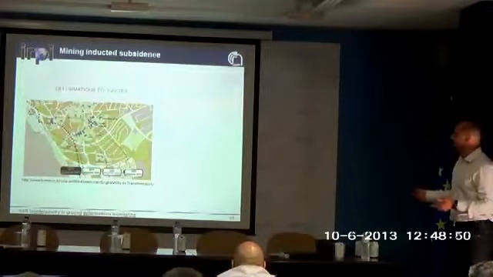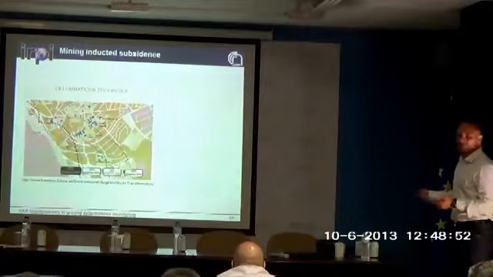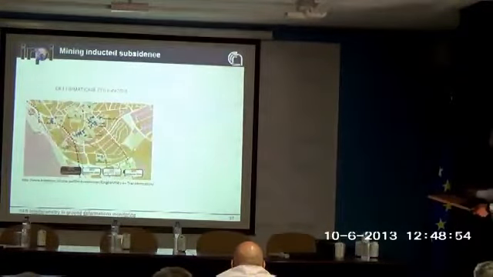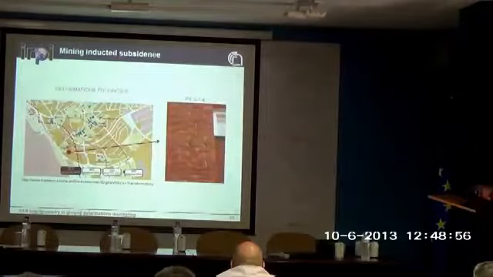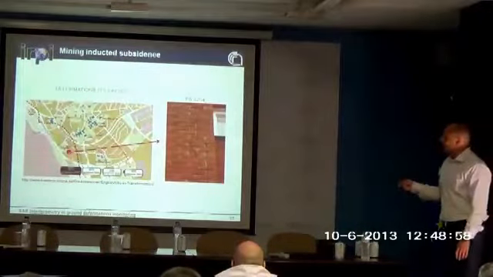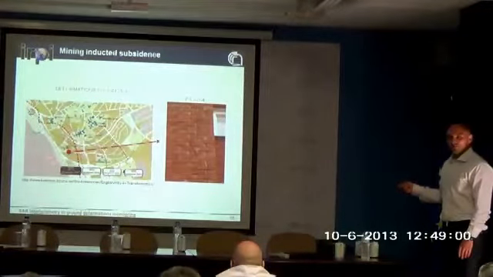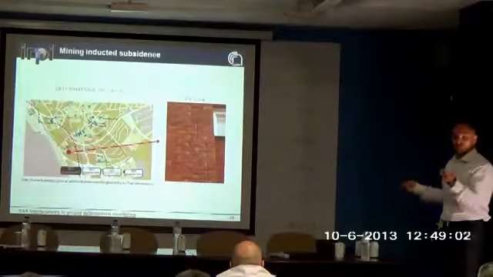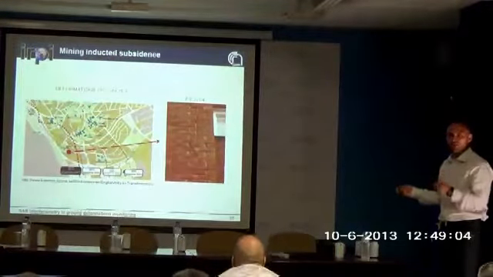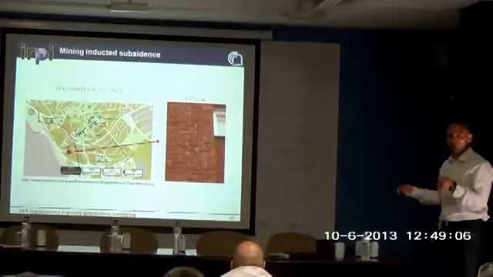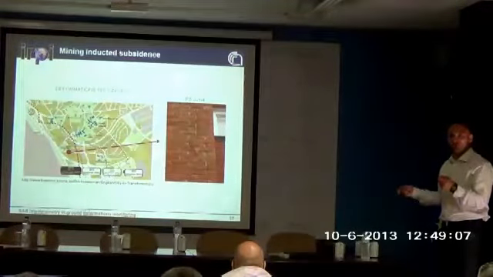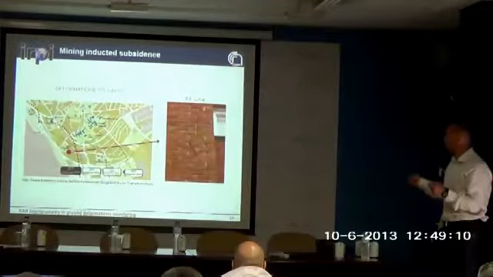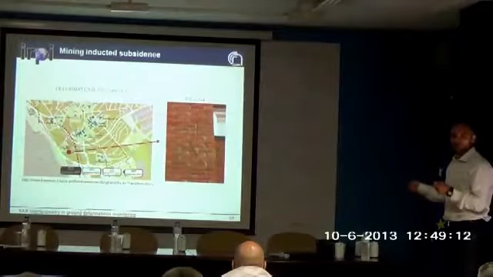Then, as they keep digging, the deformation is going to move. But this point was the point that I showed you in the slide before. So we went there in Lapland. We looked for that point with GPS positioning, and what we found were cracks on buildings.